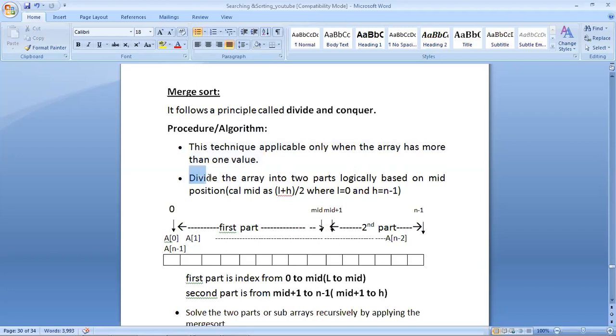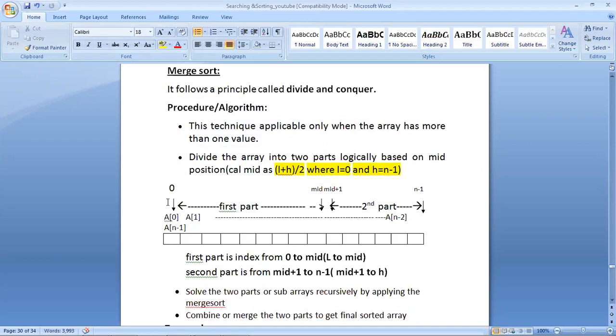Then the second step: divide the array into two parts logically based on the mid position. So you have to calculate the mid position as (L plus H) divided by 2, where L is the lower index value of the array, that is 0, and the higher index value of the array is n minus 1 when the array has n number of values in it.